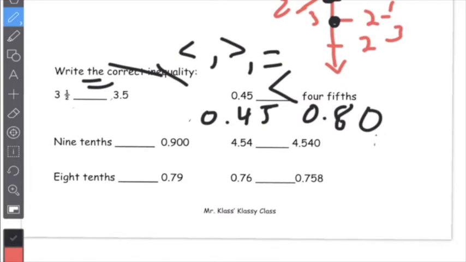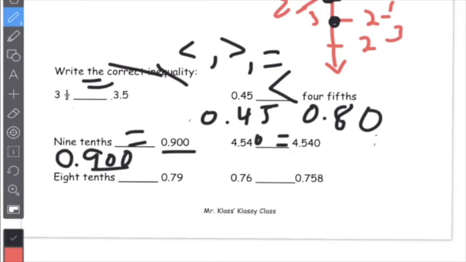Next, 9/10 or 900 thousandths. They are going to be equal because 9/10 is 0.9, and then I would add zeros to make the same amount of digits after the decimal, and then they're equal. Same with this one, I'd add a 0, so that's going to be equal.